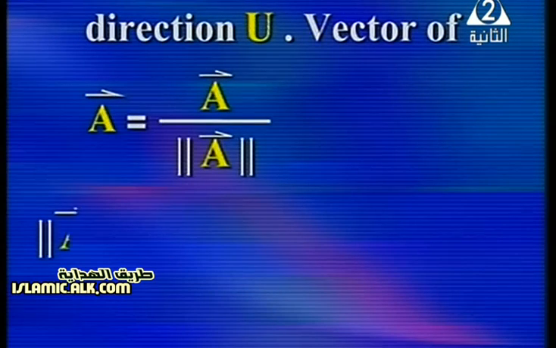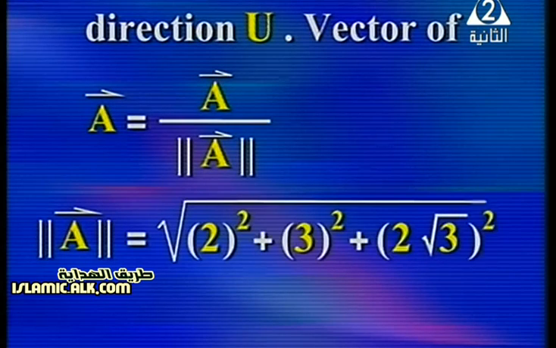The unit vector in the direction of A equals vector A over the norm of A. What is the norm of A? Dear student, it is the square root of the first component x power 2 plus component y power 2 plus component z power 2, which equals 5.